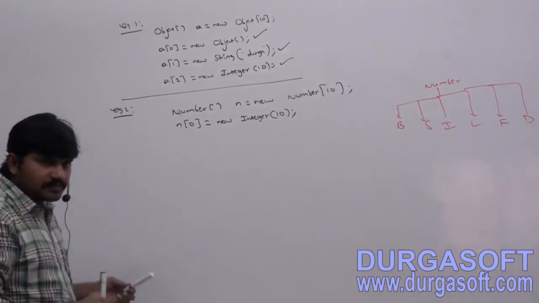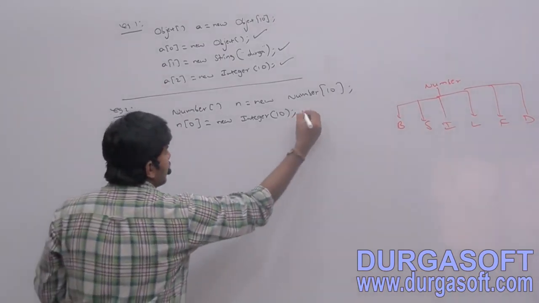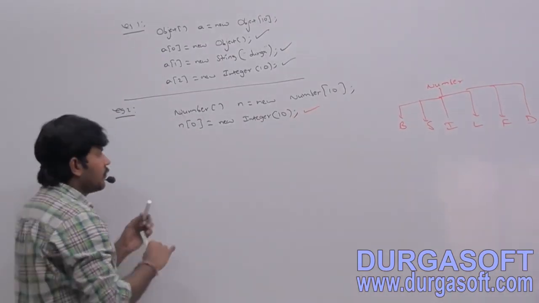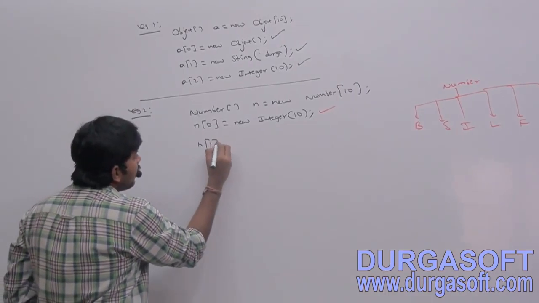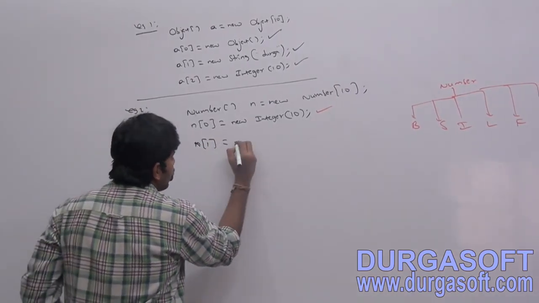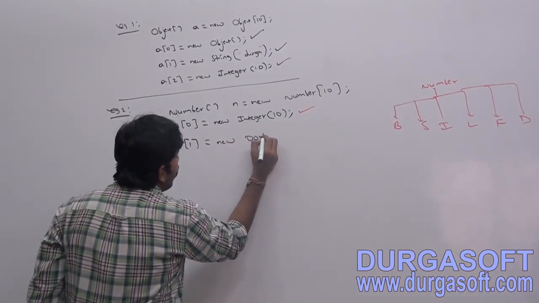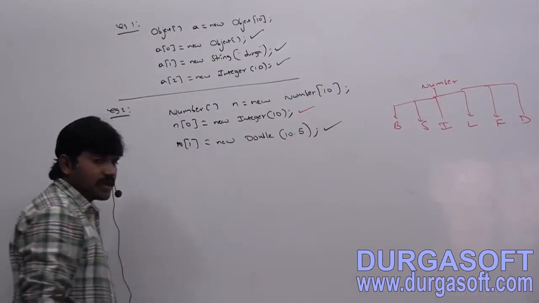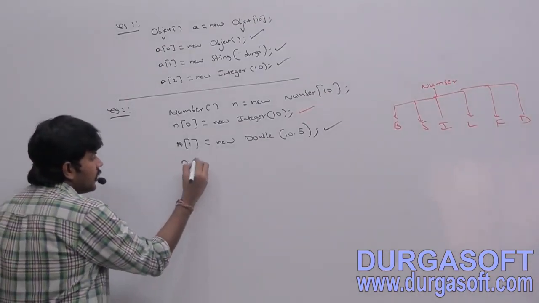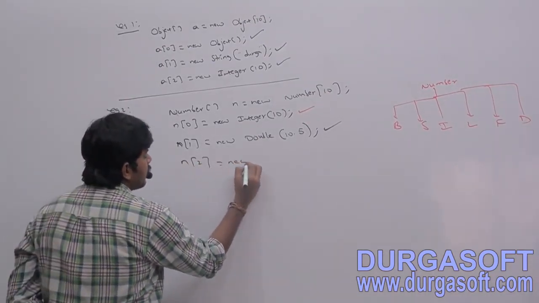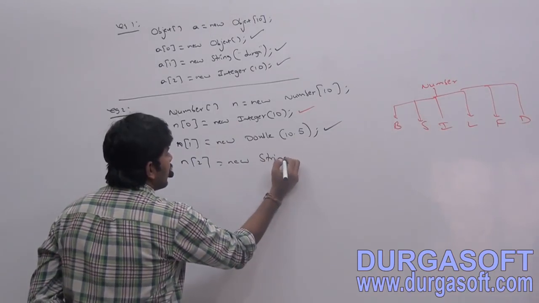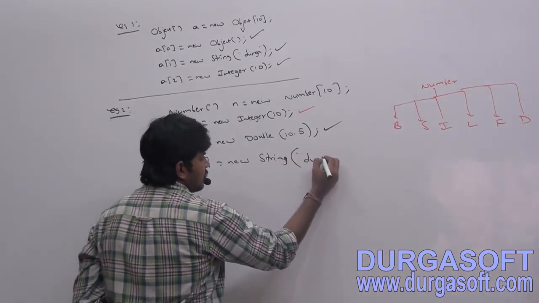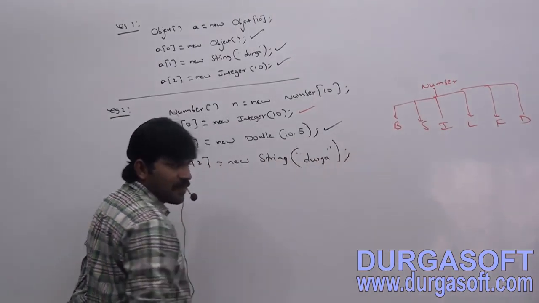Is it valid or invalid? N of 0 is equal to new integer of 10 is valid because it is a child of Number, no problem. N of 1 is equal to new double of 10.5. Valid, because a Double object is valid. N of 2 is equal to new string of Durga. Is it valid or invalid?